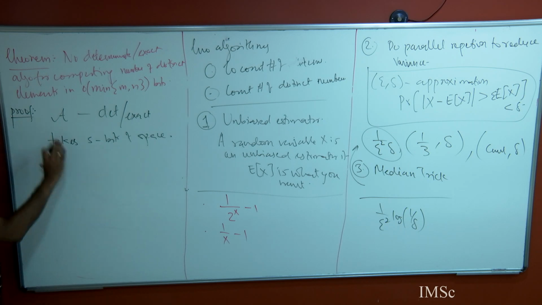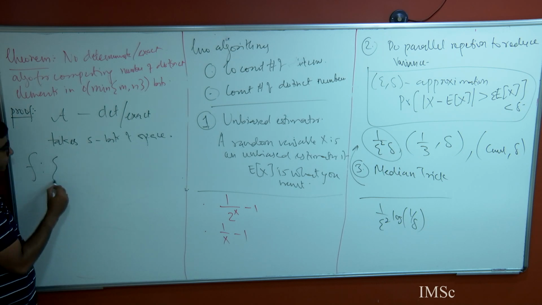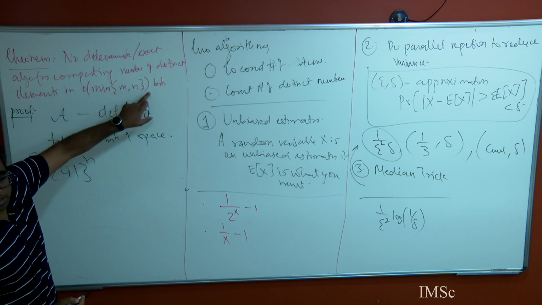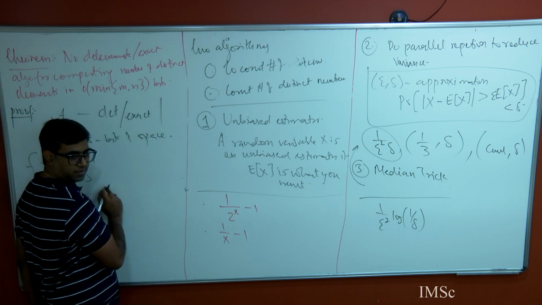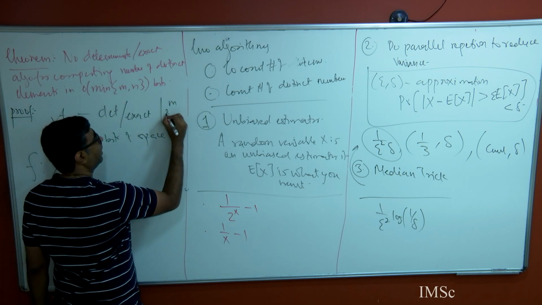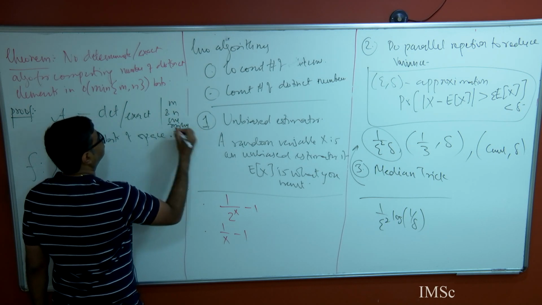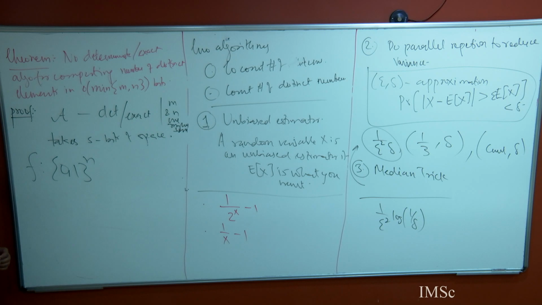Now I'm going to use this algorithm to do something interesting. I'm doing min m comma n, but in the kind of instances we will create, m and n are roughly the same, so it will automatically imply the same kind of lower bounds.